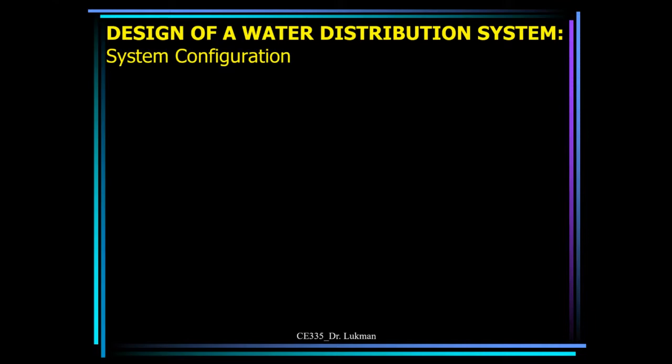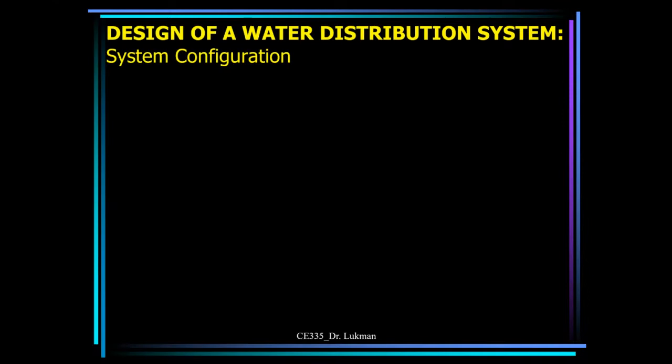And the distribution system is the last leg, is the last part, because that is the part that consists of distributing water to the end users, okay, where individual houses can just tap from the pipes that are passing in front of their houses and get water at the appropriate discharge and pressure head.